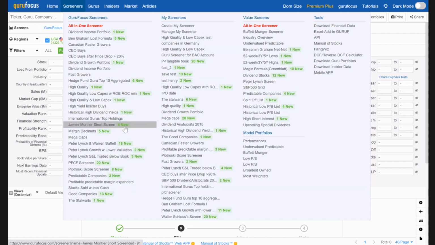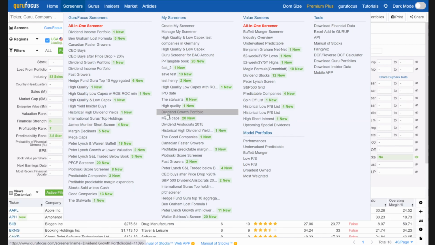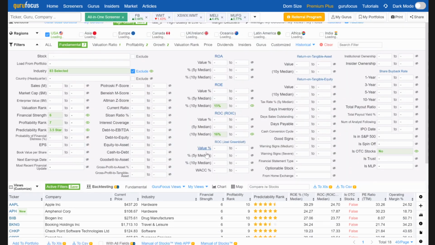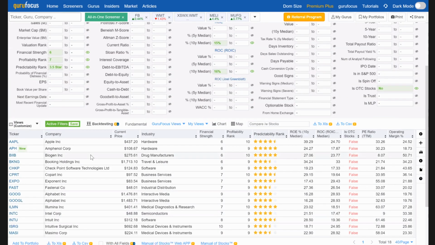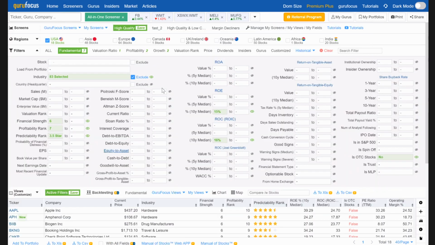These numbers are updated daily. And if I come to this High Quality Stocks screen that I created, you can see that we have a new stock within this screener, and you can also make changes based on this screen and save it as your own screen.